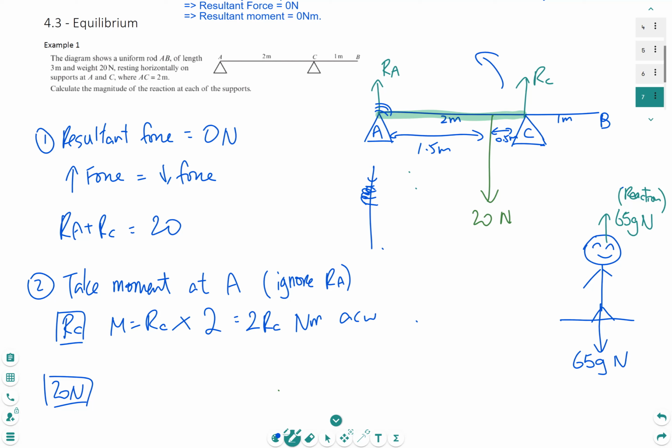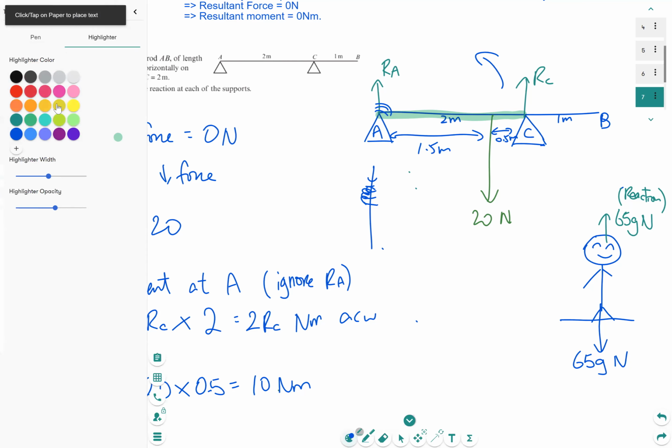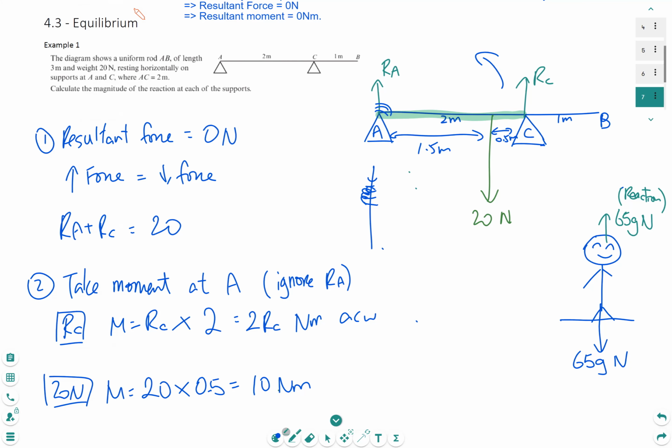So the 20 Newton moment equals the force 20 times the distance from 20 to C, which is 0.5. 20 times 0.5 is 10. So 10 Newton meters. Distance, direction. I keep missing the word, sorry, my English. If you think about the distance as the door, which is here.